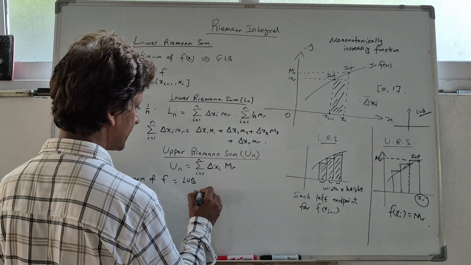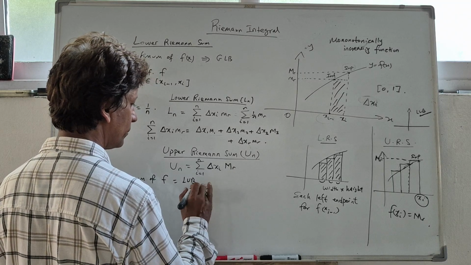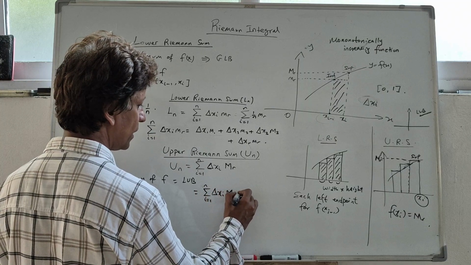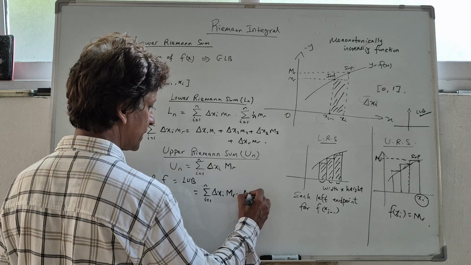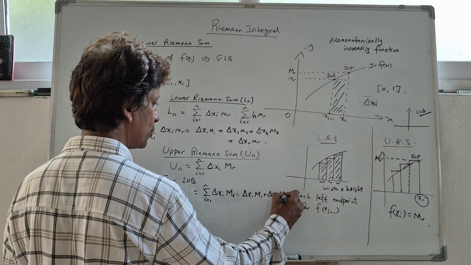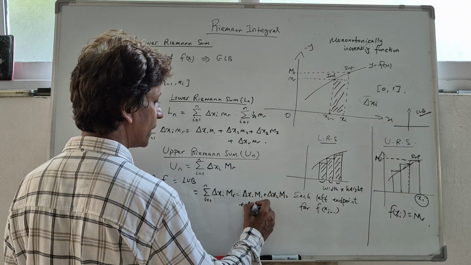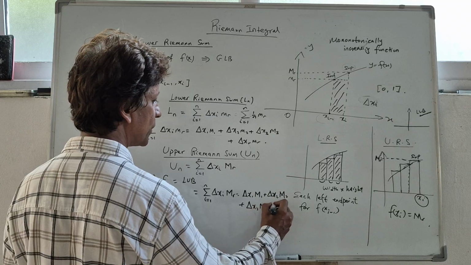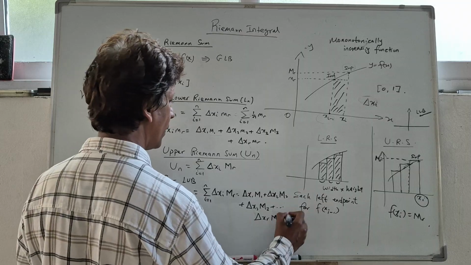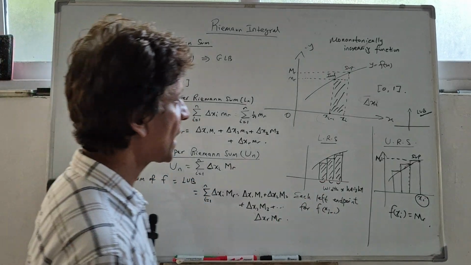And again, we understand that the upper sum is going to be equal to delta x1 capital M1 plus delta x2 capital M2 plus delta x3 capital M3 and so on up to delta xr capital MR. And this is how we go about finding the upper Riemann sum.